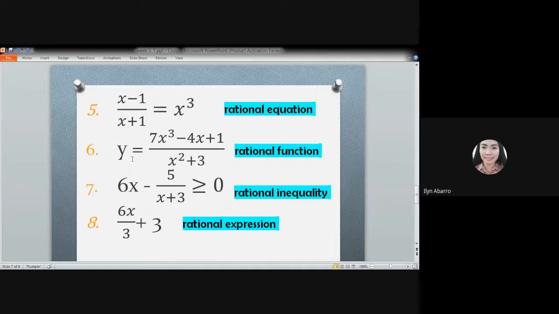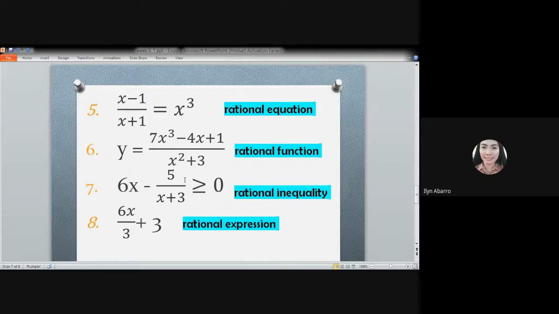Number 6, y equals 7x cubed minus 4x plus y over x squared plus 3. So given the y value, which is the range, and then this is a rational expression. So this is a rational function. Okay. Number 7, 6x minus 5 over x plus 3 is greater than or equal to 0.